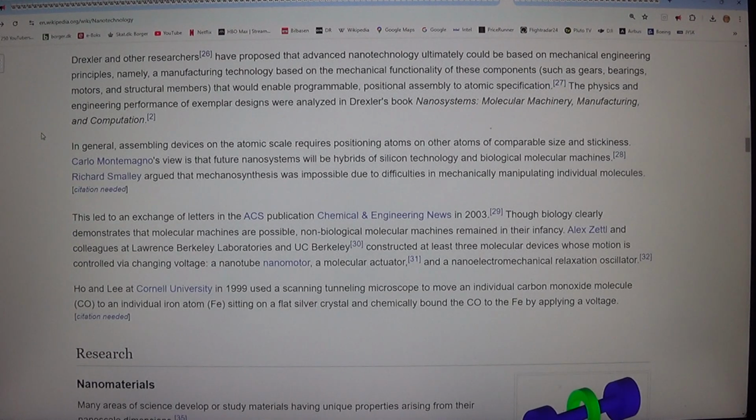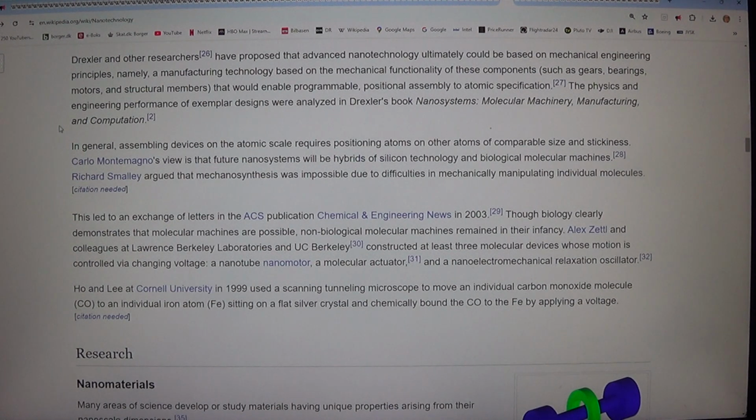Drexler and other researchers have proposed that advanced nanotechnology ultimately could be based on mechanical engineering principles, namely, a manufacturing technology based on the mechanical functionality of components such as gears, bearings, motors, and structural members, that would enable programmable, positional assembly to atomic specification.